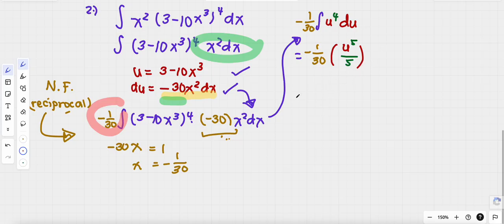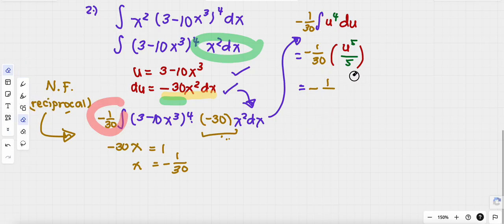Okay, now next, this will be equal to negative 1 over 30. But this time, let's try to restore first. Or regardless, with the restore, we can do it later.